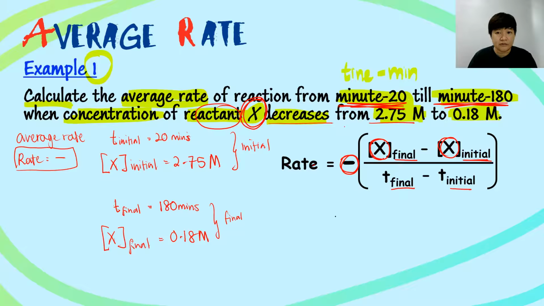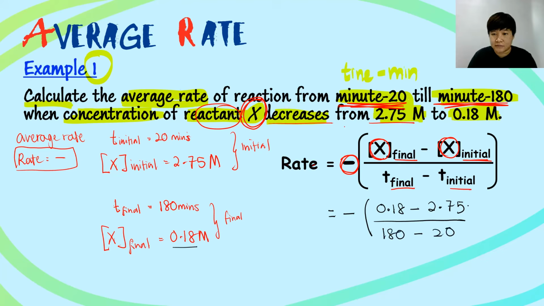To find the rate, we put in all the values. Make sure you keep the negative, so the negative remains over there. The concentration X final is 0.18, so you have 0.18 minus the concentration initial 2.75, over the time final, 180 minutes, minus 20 minutes.